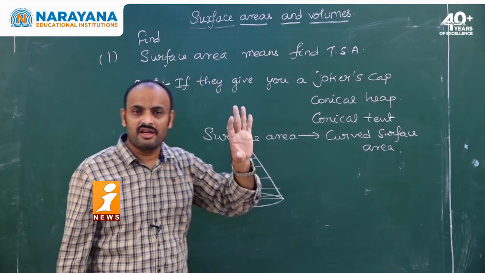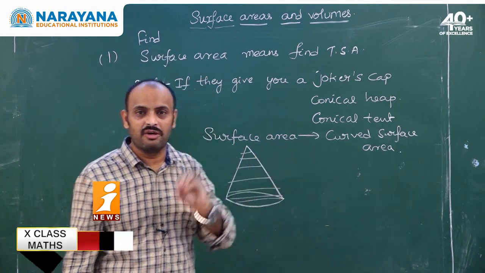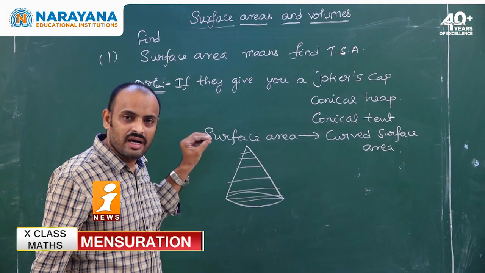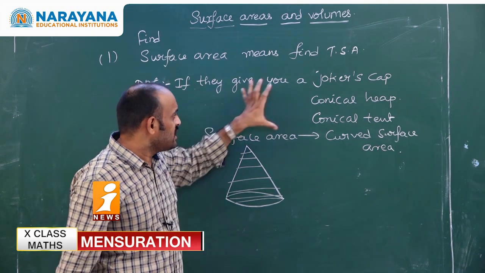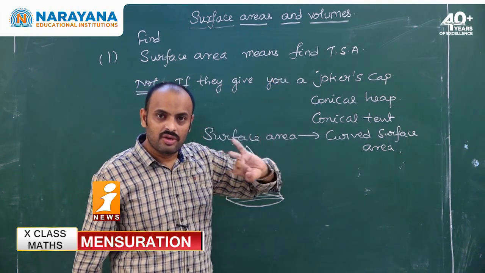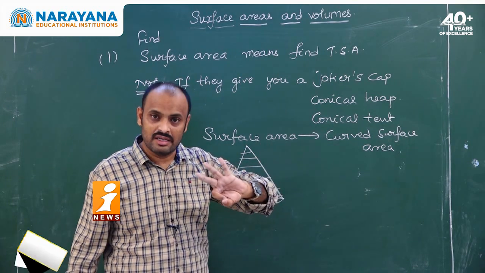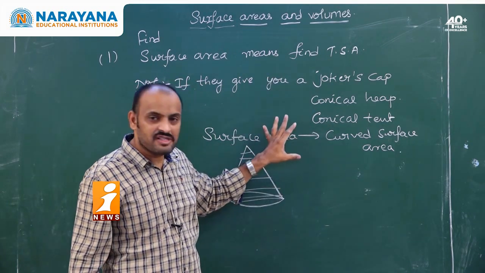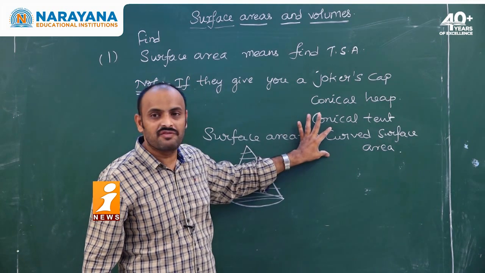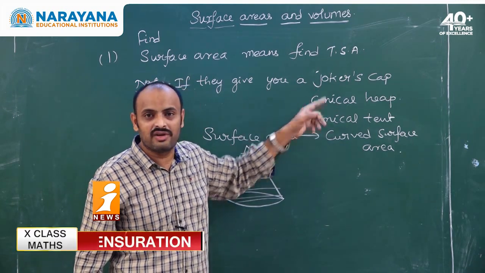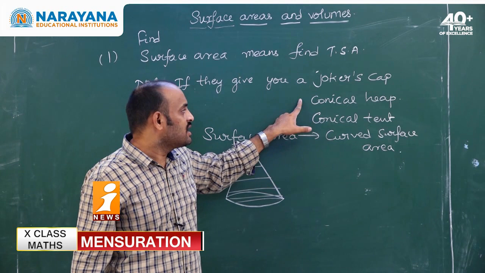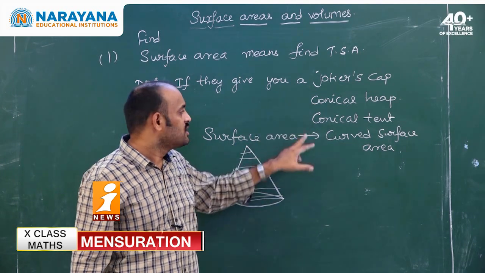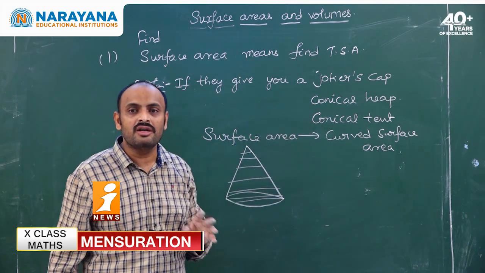Whenever they say surface area, use total surface area formula to find the answer. But only in three cases: joker's cap, conical heap and conical tent. If they say surface area, that is nothing but curved surface area, because joker's cap cannot be covered at the bottom, conical heap also cannot be covered at the bottom, conical tent also cannot be closed at the bottom.